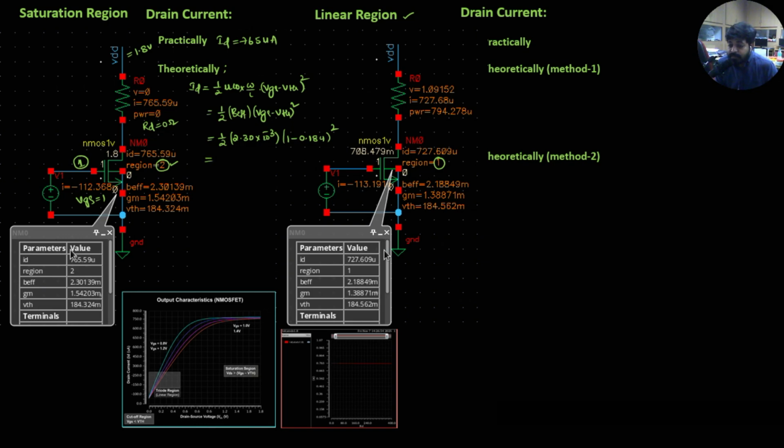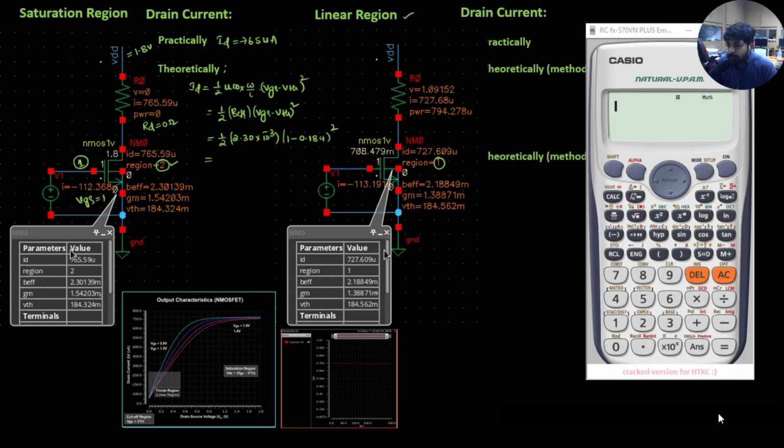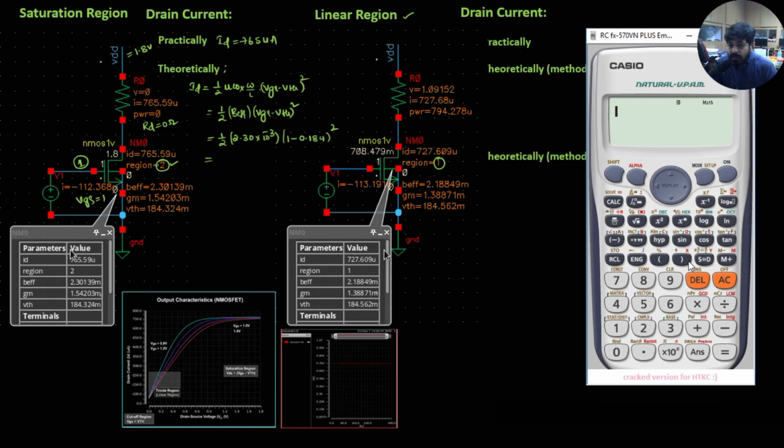If I calculate this one, it will be around 765.